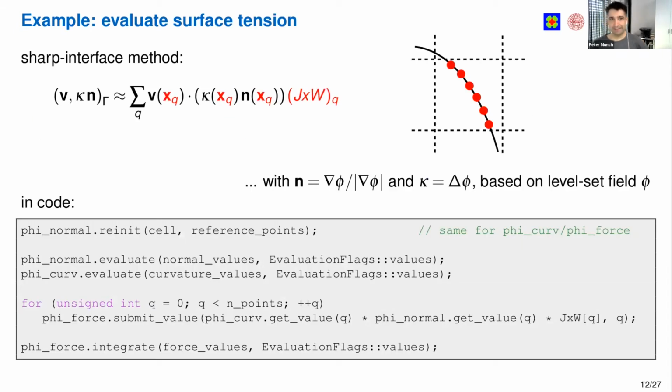So as I said, computing the surface tension is quite important. And I take this as an example to show how to use this FEPointEvaluation class. So the term we want to evaluate looks like this. And what you have to notice is that we want to integrate over gamma.